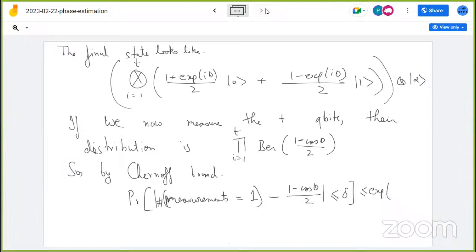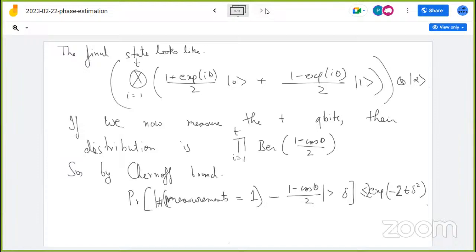There's some cosine theta dependence also, but let's forget about that.